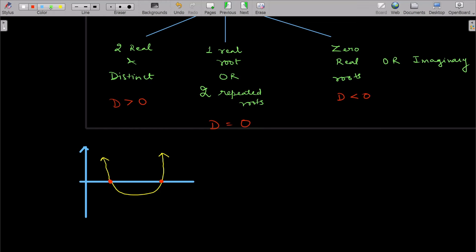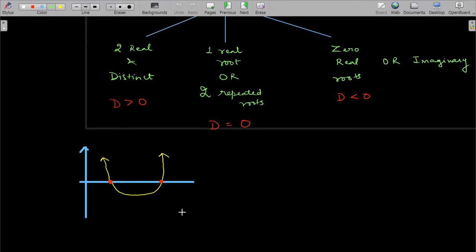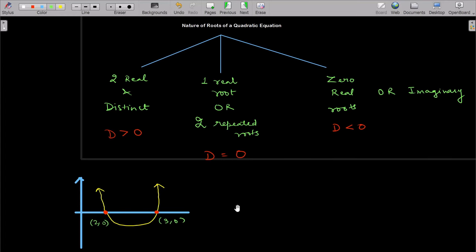In the example that we did, x square minus 5x plus 6, we got 2 roots, 2 and 3. So this point is going to be 2 comma 0 and this point is going to be 3 comma 0. So these will be the roots. So you will have 2 x-intercepts when you get 2 real and distinct roots.